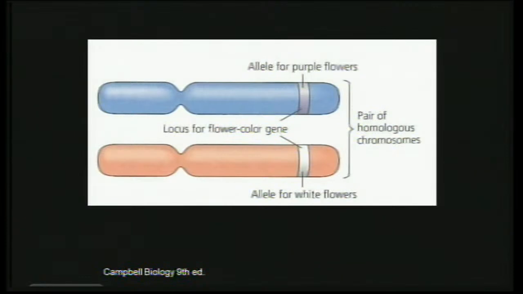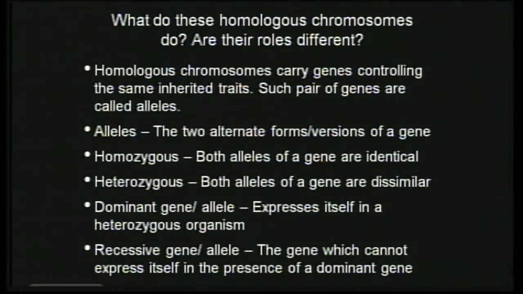One is for the purple flower color, another for the white flower color, and so you call it heterozygous condition. If both the genes had the allele for the same flower color, then you would call the chromosomes homozygous. But since in this case it is different, they are in heterozygous condition.